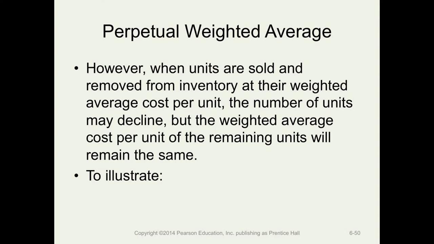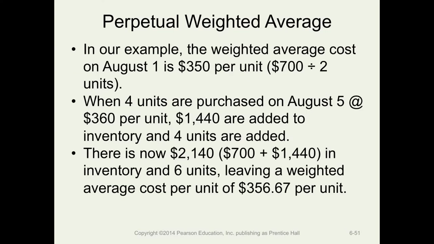So the number of units declines, but the average will stay the same. It does not change the average cost. And we'll see this in our example. We're going to go to our table in a moment, but this is a little different, so it's certainly worth going over in detail.